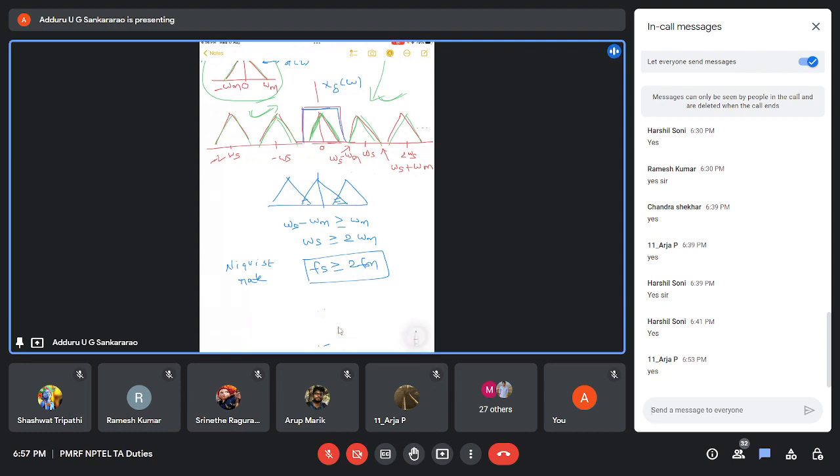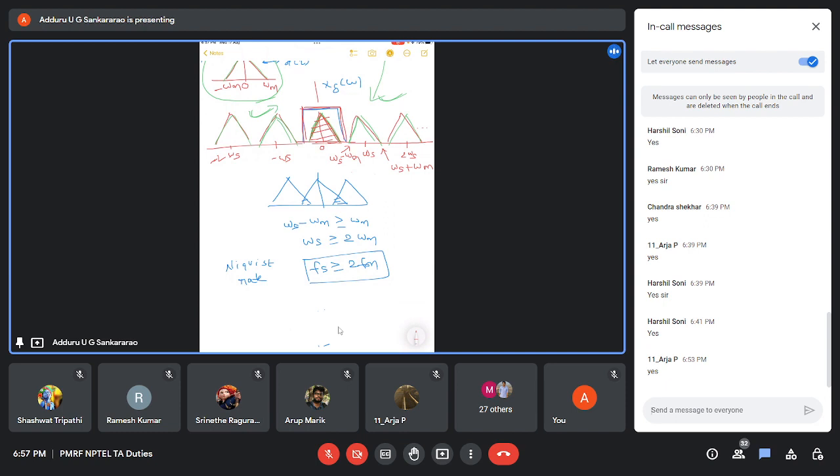If this signal is passed through a reconstruction filter, the filter will allow only this signal and reject all other signals. Then only we can reconstruct the signal.